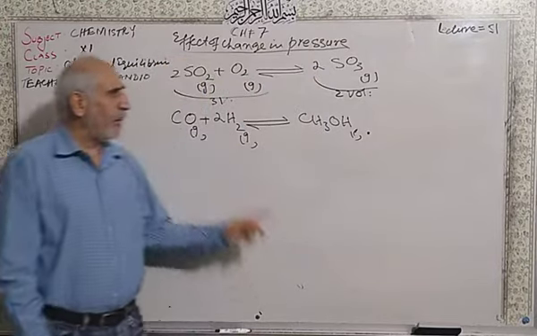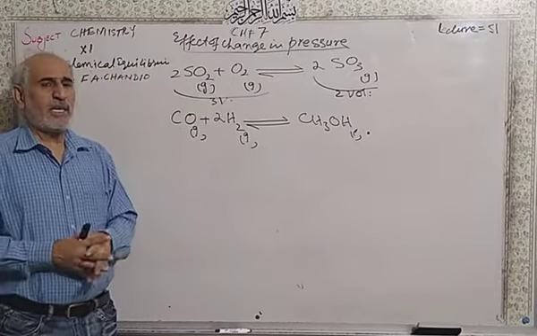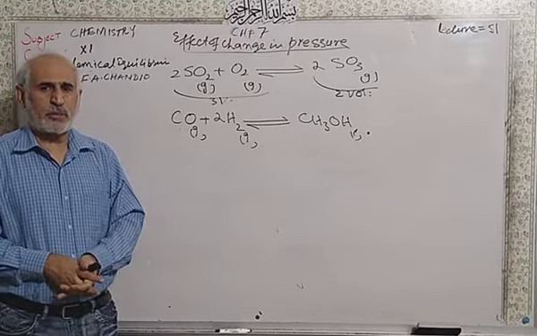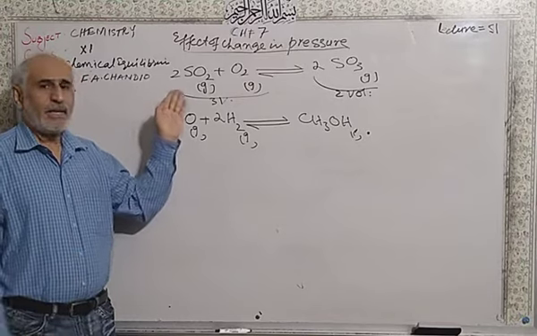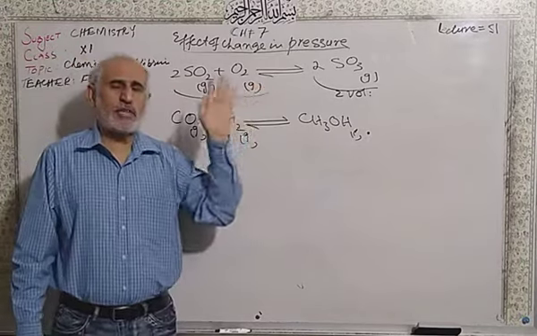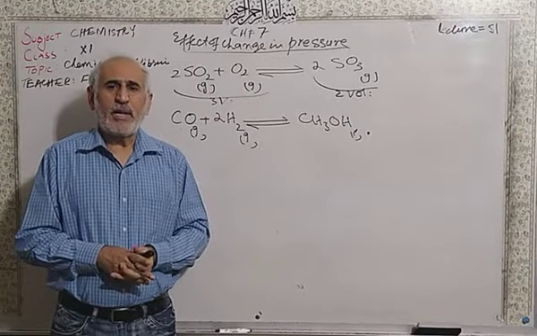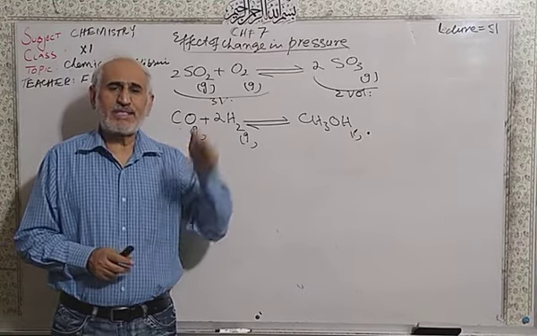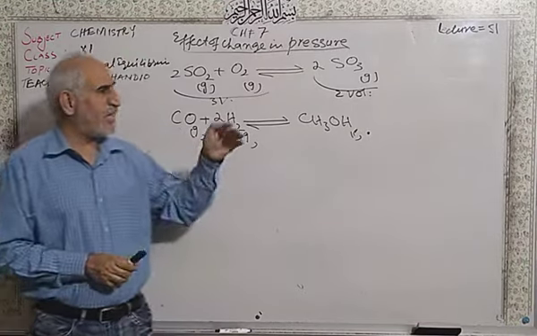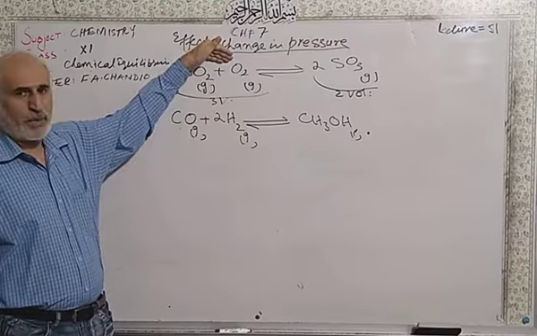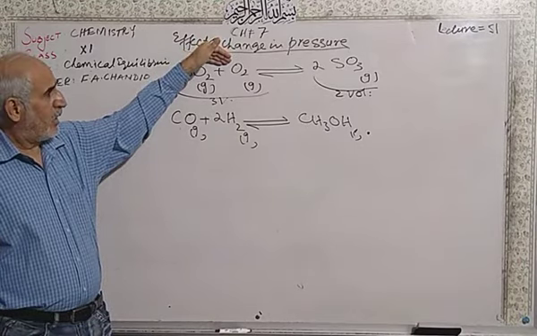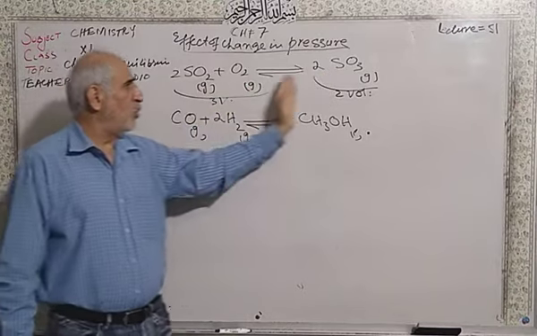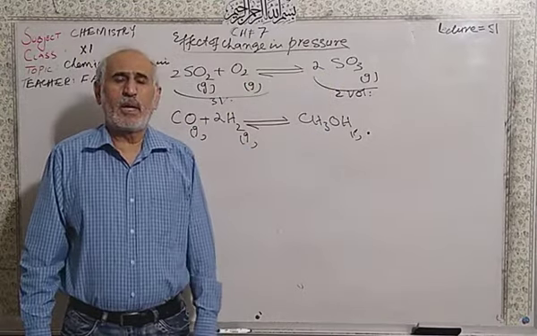Again I am explaining: when you increase the pressure on the equilibrium system according to Le Chatelier's principle, the system will move to that side where the number of moles is smaller. It means that when I increase the pressure on this system, the volume is less on the product side, so the system will move towards the right side.